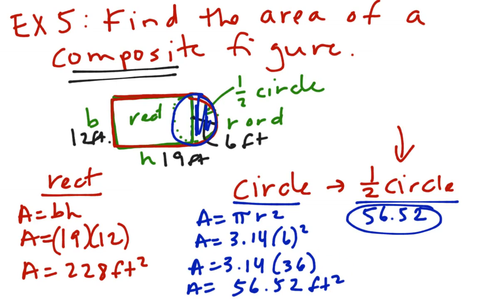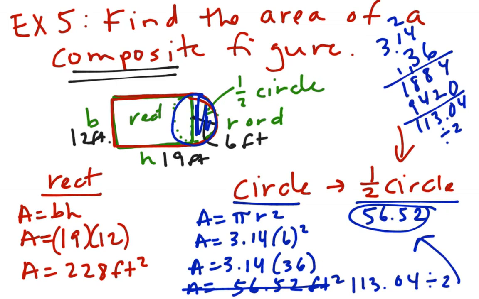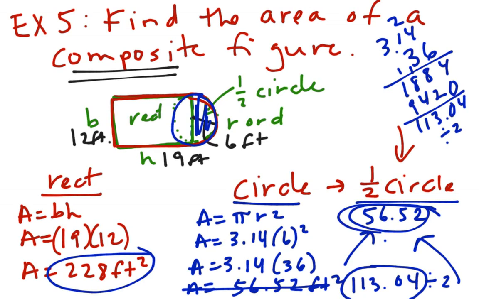So, let's see, somewhere back here, that means that this right here, my area, 36 times 3.14. When you multiply 36 by 3.14, you get 113.04. Then you divide that by 2 and you get your 56.52. Now, the final step is to add those together. So I have to add the rectangle and the circle.